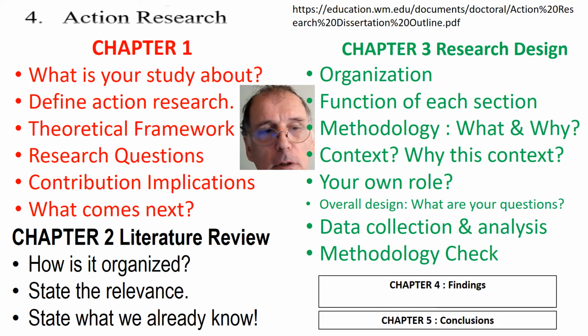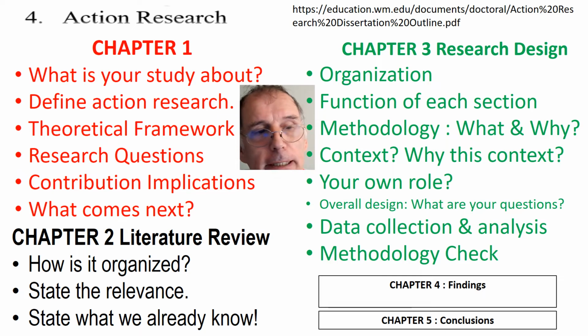Then chapter 2 is about literature review. How is it organized? State the relevance to your study and state what we already know. Then chapter 3, research design, organization, function of each section, methodology. So what and why? Context. So context in our case will be the particular class that we are researching.